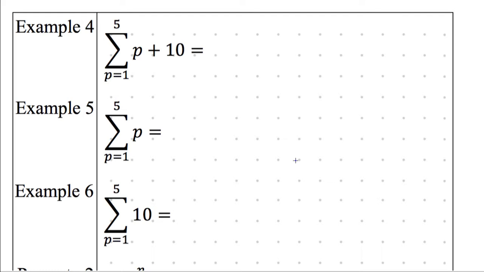Go ahead and simplify. When I plug in 1, I get the value of 11. When I plug in 2, I get 12, when I plug in 3, 13, when I plug in 4, 14. What's going on? 14 plus 15. Why does that keep doing it? Plus 15. And do I end there, or do I keep going? That's it, yeah, because I plug in 5 as my last value.